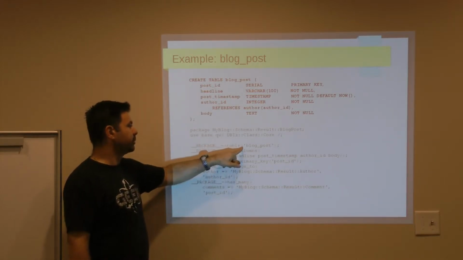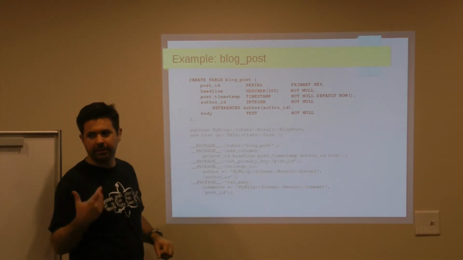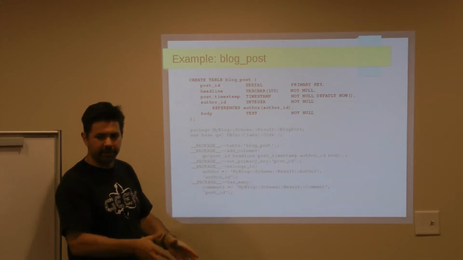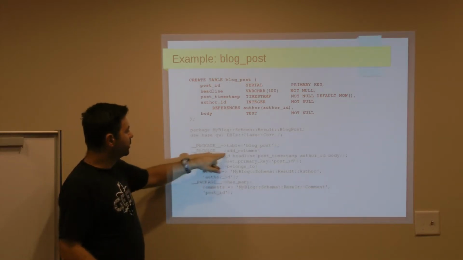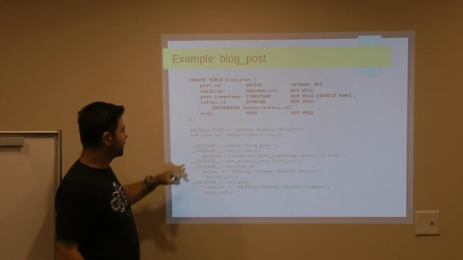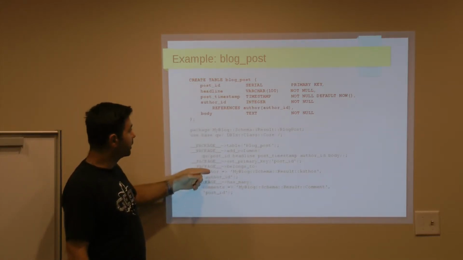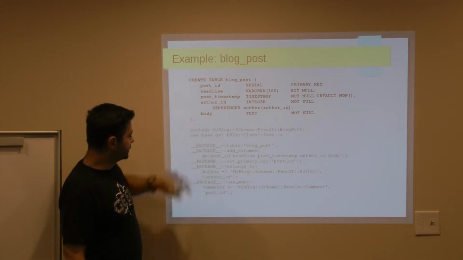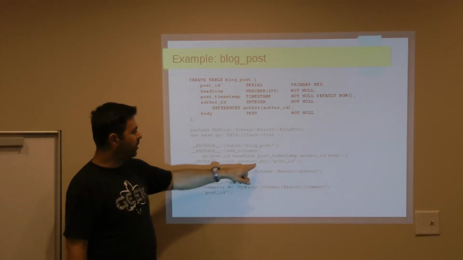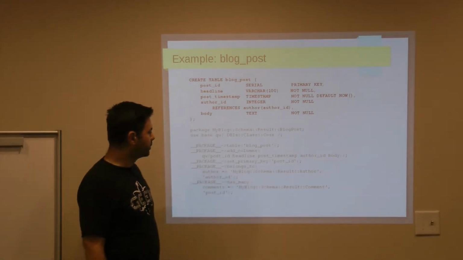So the first thing we say is the name of the table. That tells DBIx::Class the name of the table in the underlying database to look at. And then here are the columns that we want associated. So we're just reiterating these column names. For the primary key, we use set_primary_key, and it's post_id.